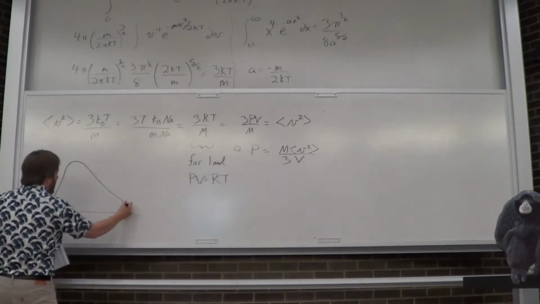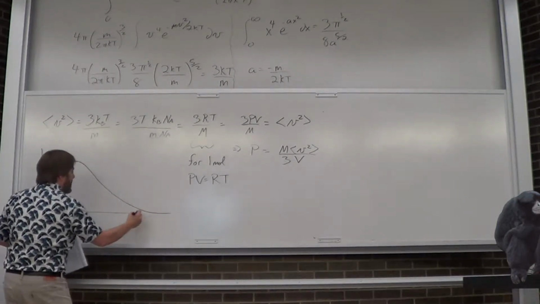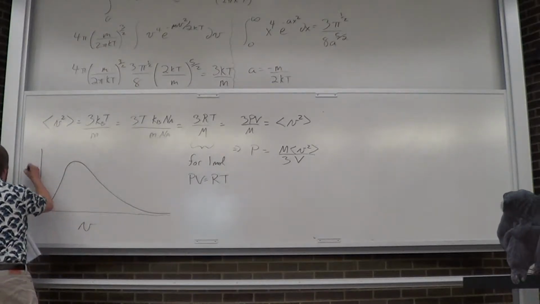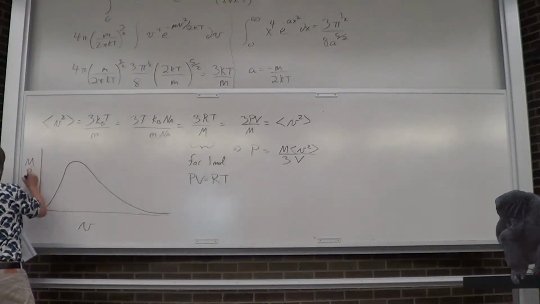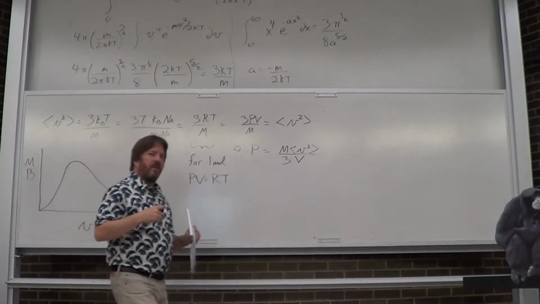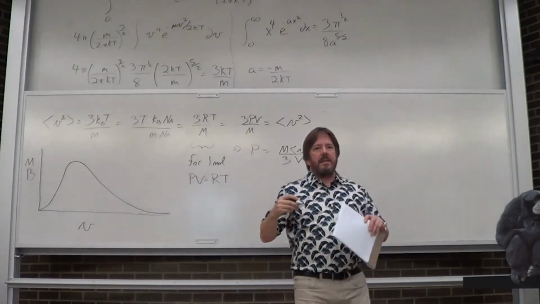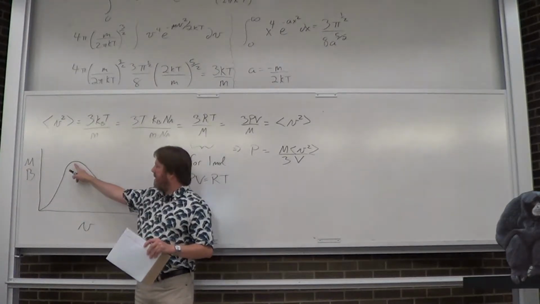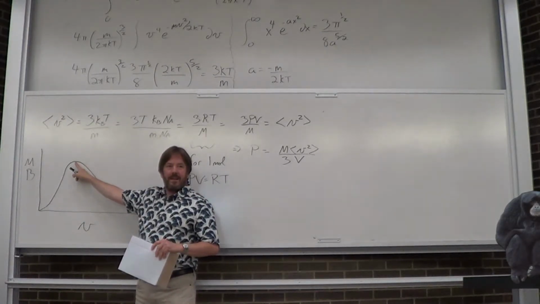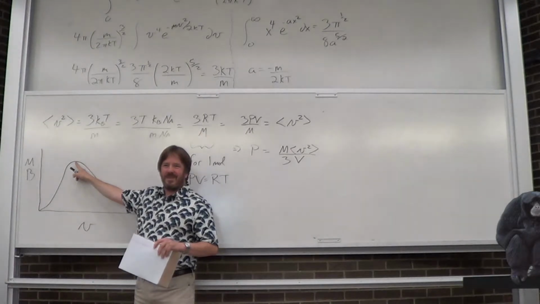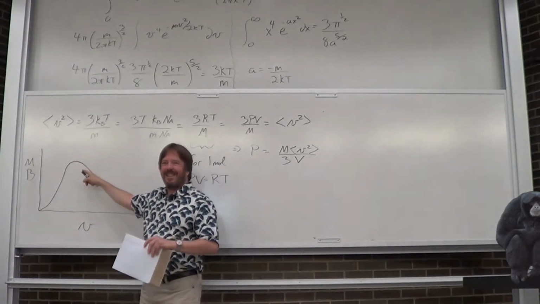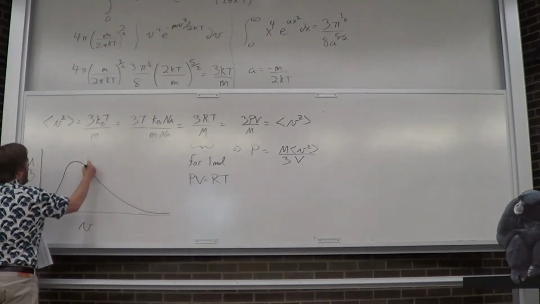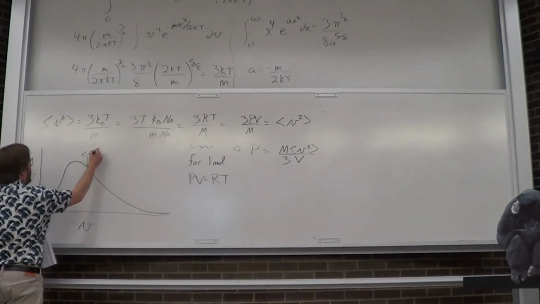I won't necessarily put down numbers, although you know that these are on the order of hundreds of meters per second. And the average velocity, is that here? No. Some of you looked at what I said, some of you didn't. It is not here. Average velocity is slightly off to the right.